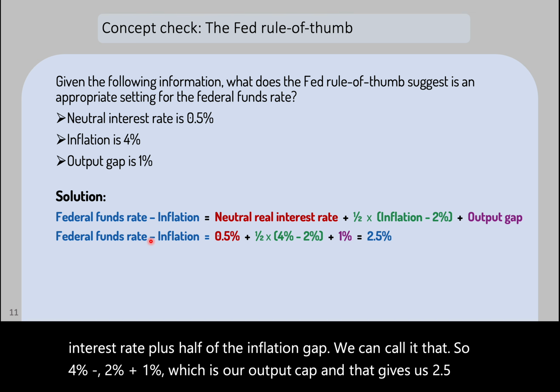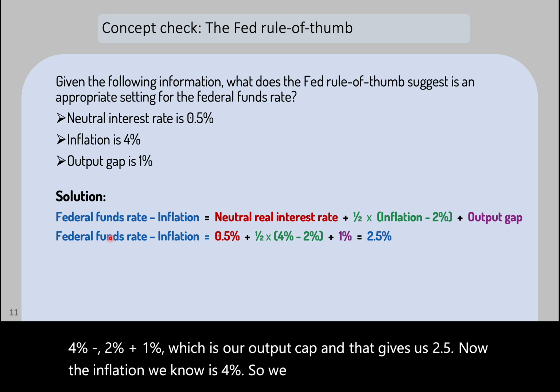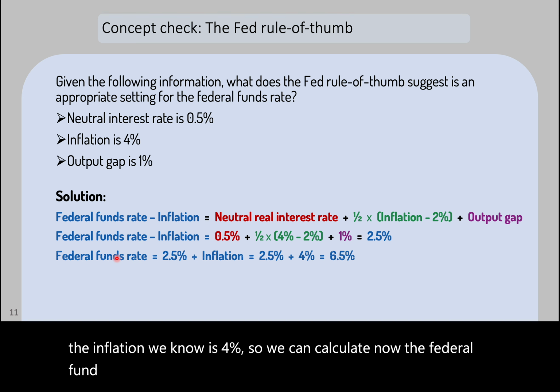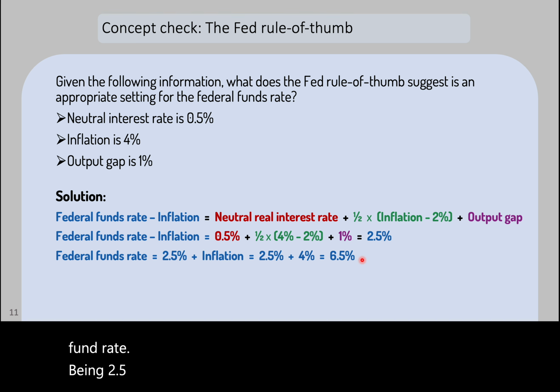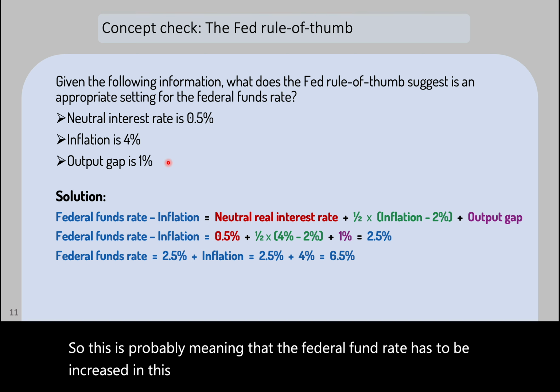Now, the inflation we know is 4%, so we can calculate the federal funds rate being 2.5 plus the inflation, 6.5. This probably means that the federal funds rate has to be increased in this case to reduce the output gap and to lower the inflation.